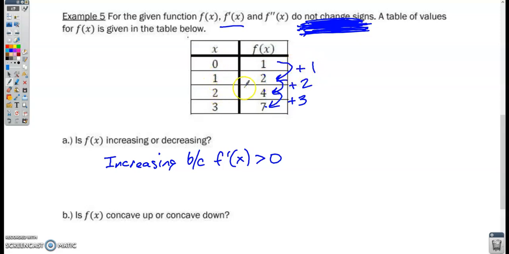The slope from 1 to 2 averages out at 2 units. Slope from 2 to 3 averages out at 3 units. And so the slope is getting bigger and bigger as x increases. So therefore it is concave up, because f double prime has to be positive, because these values are getting larger, and the amount that it's increasing by is getting larger and larger.